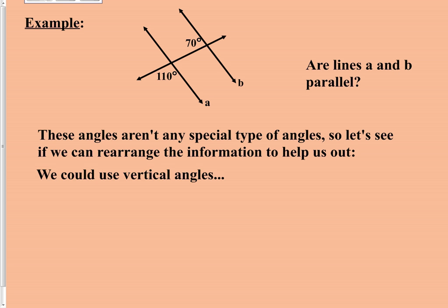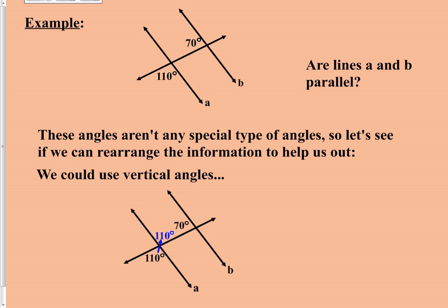Well, one of the ones that I always tend to see in the diagrams is vertical angles. Vertical angles are very easy to move around in a diagram, and we don't have to know if lines are parallel in order to use vertical angles or not. So I'm going to take this diagram, and I'm going to move that 110 degrees through the intersection, and that would place it where you see it now.